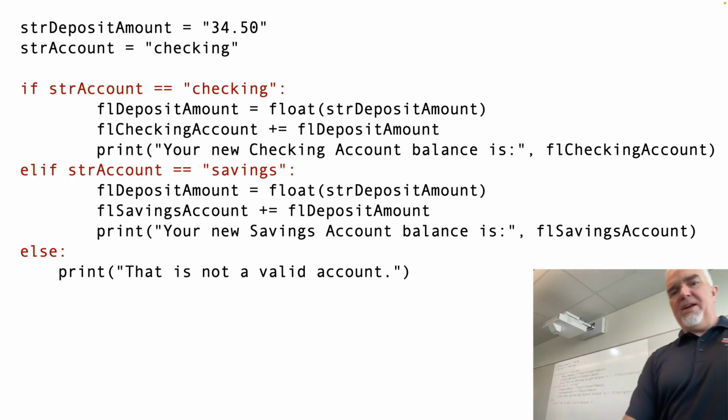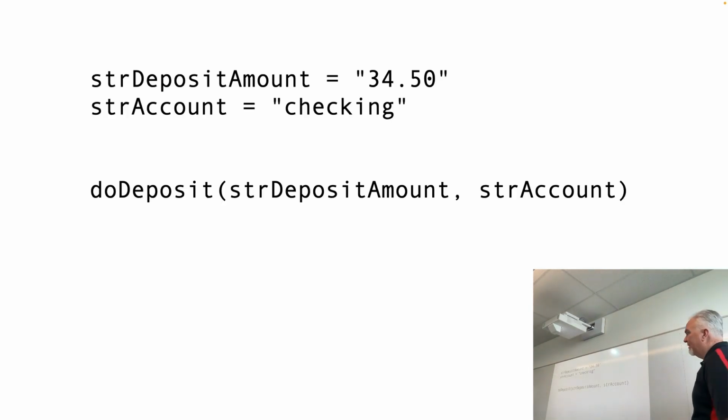What if instead of this, we could do something like this, where we have the amount that we're going to deposit and we have the account name that we're going to use. And instead of that long structure of code, we could just say, do the deposit this amount into that account. And then it just does it for us.